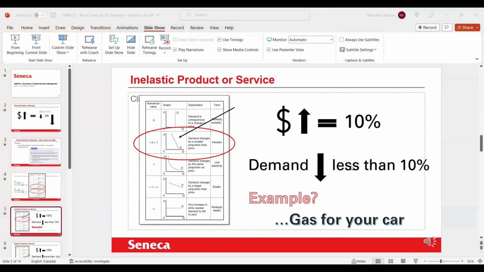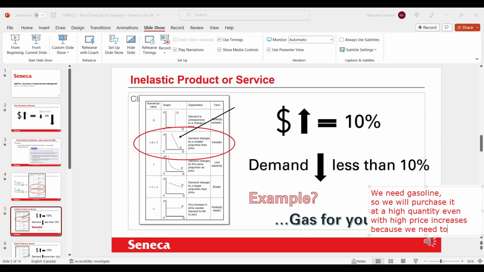And then here, in this example, demand changes by a smaller proportion than price. If the price of gasoline goes up by 10%, quantity demanded for gasoline would reduce by less than 10%. The reason for that is we need gasoline. So we will purchase it at a high quantity, even with high price increases, because we need to be able to transport to places.